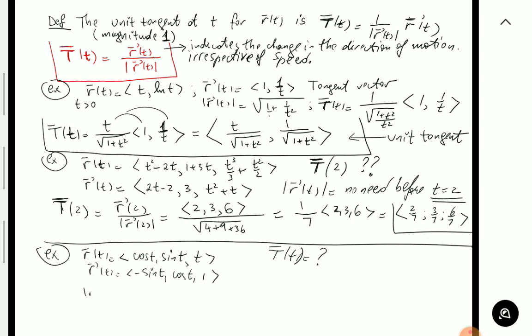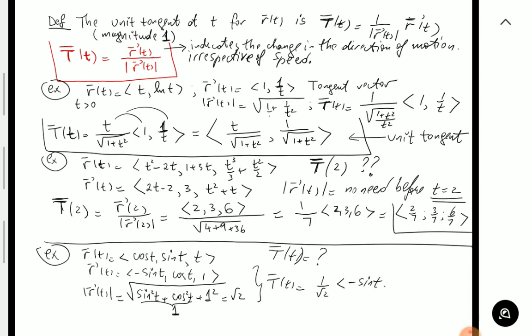But the magnitude of r prime is not that bad actually, because of trigonometric formulas. If I square these, I get sine squared of t plus cosine squared of t plus 1 squared, and sine squared plus cosine squared happens to be 1, so it's the square root of 2. Which means altogether the unit tangent in this case is just 1 over root 2 scalar multiple with r prime.